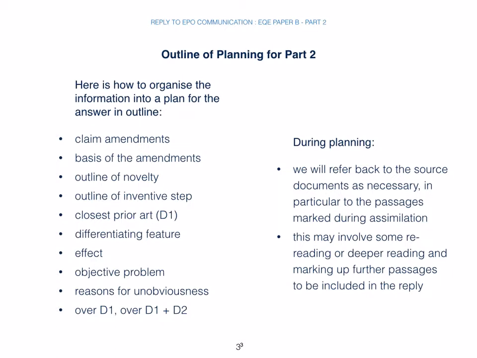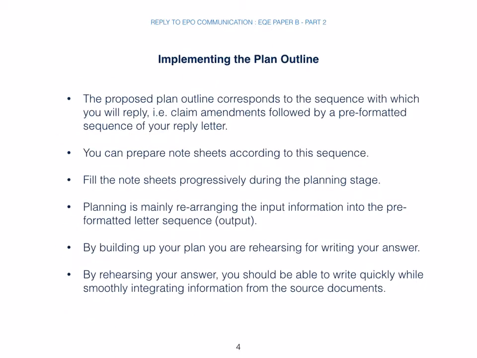Next, let's consider what we are doing as we implement the plan outline. The proposed plan outline corresponds to the sequence with which we will reply. That is, claim amendments followed by a pre-formatted sequence of your reply letter. You can prepare note sheets according to this sequence and fill the note sheets progressively during the planning stage.